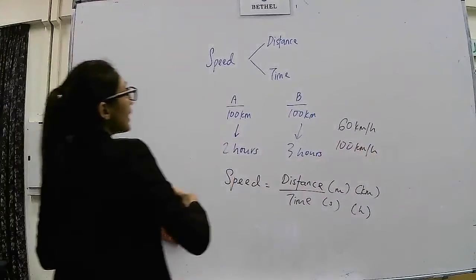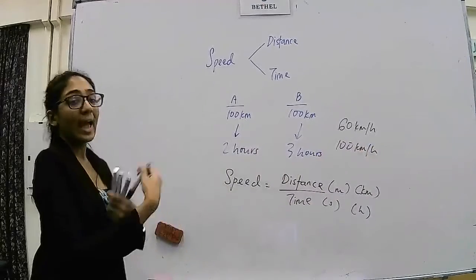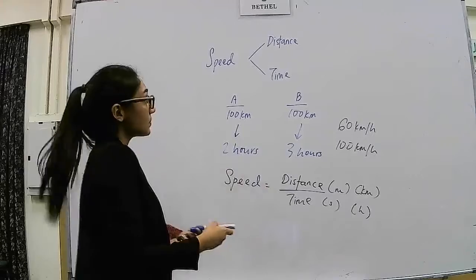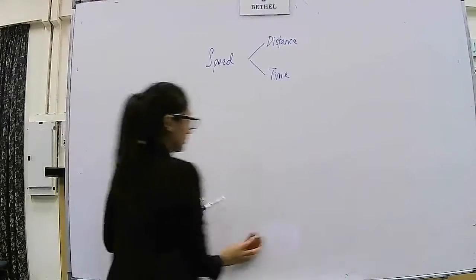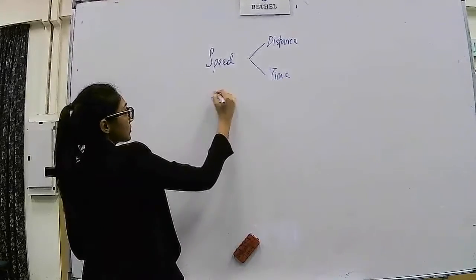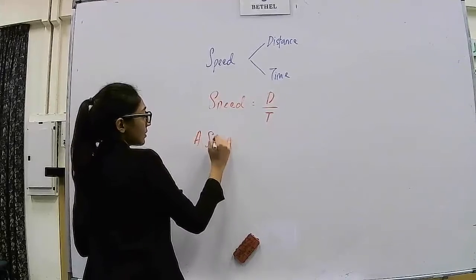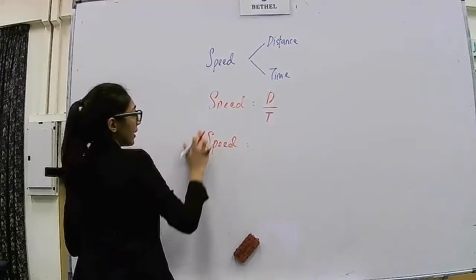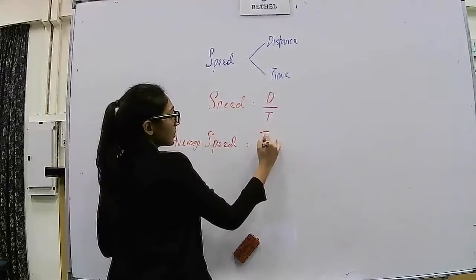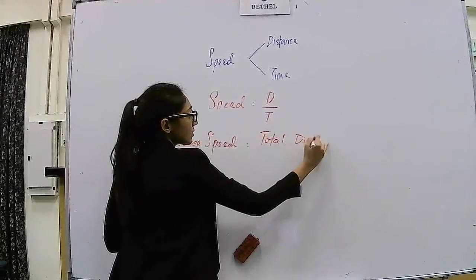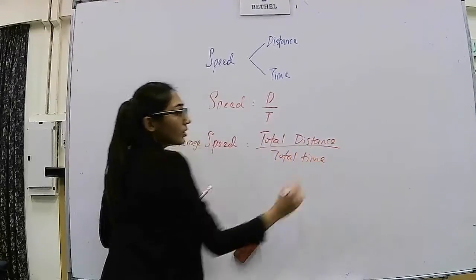Then let's say we have a long distance and a longer period of time. We look at average speed, which is just an extension of speed. Average speed is total distance over total time. Speed is distance over time; average speed is now total distance over total time, and usually these are for longer periods of time.